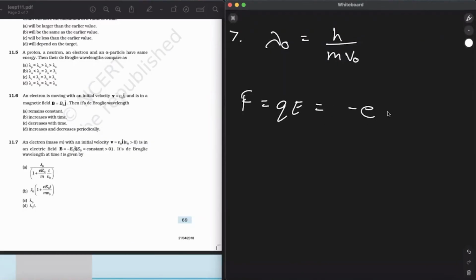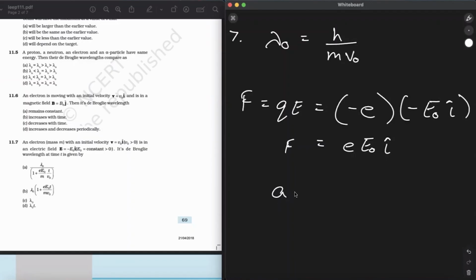Since it is an electron, I can write it as minus e, and the field E naught is in the i cap direction, so the force is minus e E naught i cap. This is the force acting on it, and the acceleration will be e E naught by m, in the i cap direction. After time t, the velocity is v equals v naught plus acceleration times t.